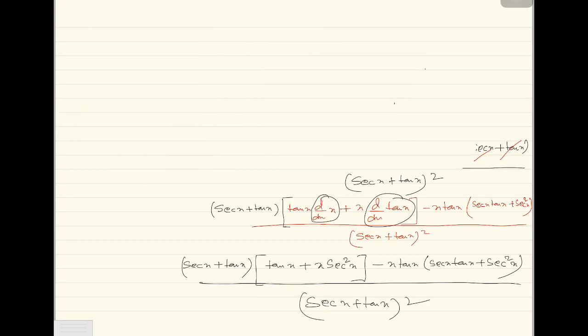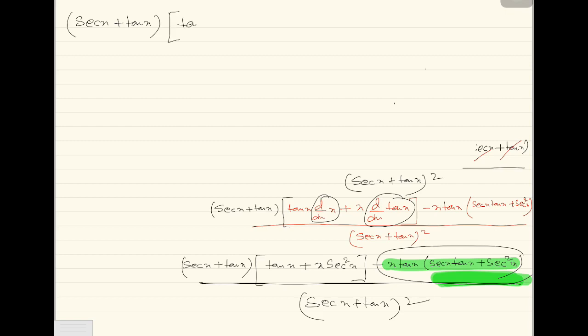Okay, so how would you simplify this one now? If you see here, check this out, let me show you with the highlighter. I can take out, especially here, sec x common from the bracket, isn't it? So let's do that. I'll keep the first one as it is, sec x plus tan x, open close bracket.